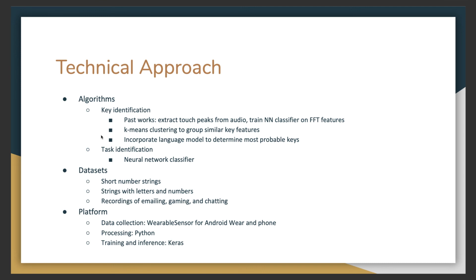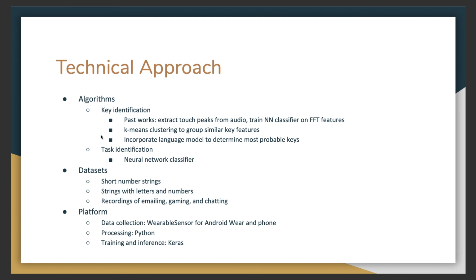For task identification, which is when the user is emailing, chatting, gaming, and so on, we're just going to use a basic neural network classifier. For the data sets, we're going to start simple. We will have the user type numbers repeatedly, and then move on to a combination of letters and numbers.